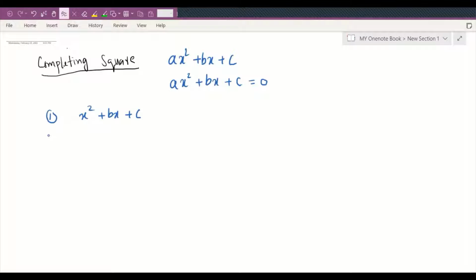The second case is where a can be any number. Let's first talk about how to convert a quadratic expression when a is 1 into completed square form.